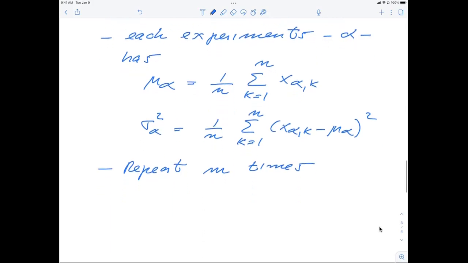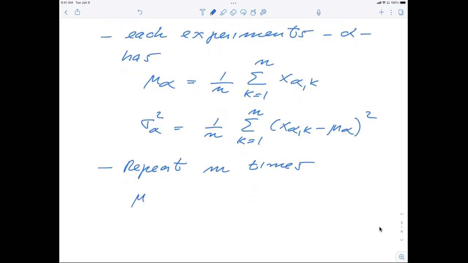and that means that you are going to have a mean value, mu of m, which is given by 1 over m times the sum over alpha equal to 1 up to m of mu of alpha, and this is finally given by 1 over m times n, with a sum over alpha and k of the final observation, x alpha k here.